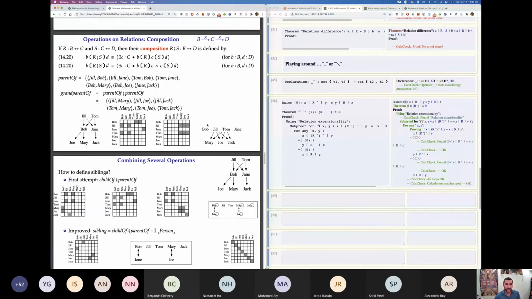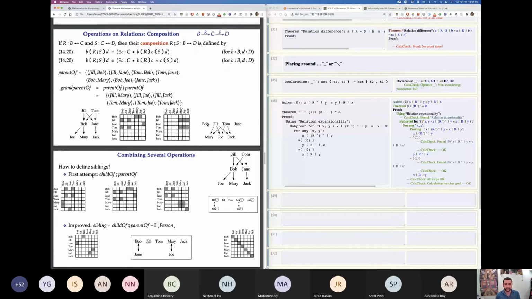So earlier I said composition is taking a two-step path. So what if you say someone is the parent of someone who is the parent of someone else? All right, being the parent of someone who is a parent themselves means you're a grandparent. Okay, so a lot of family relationships can actually be defined really nicely using composition.